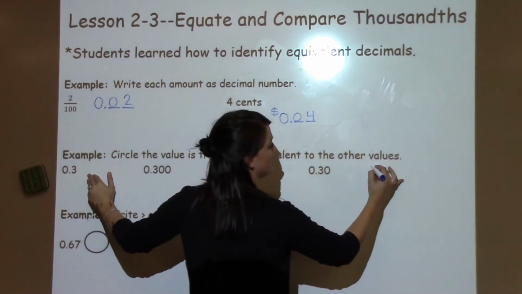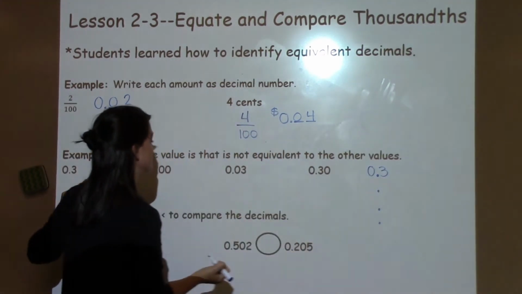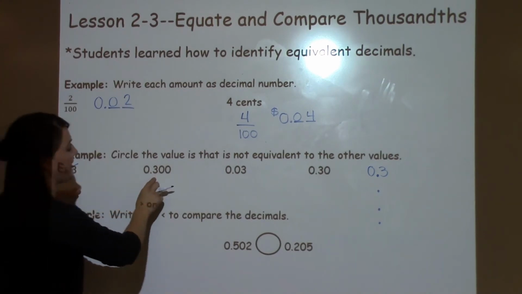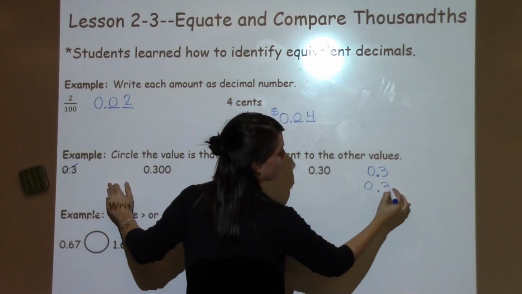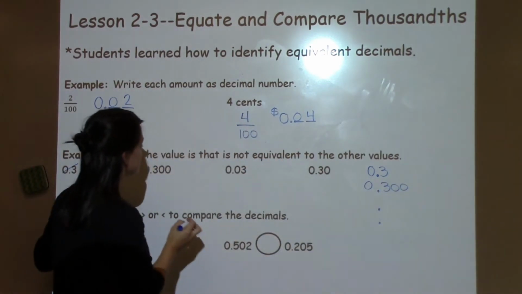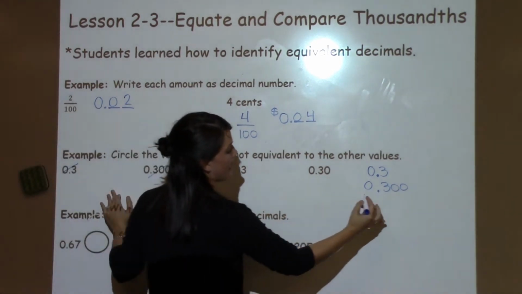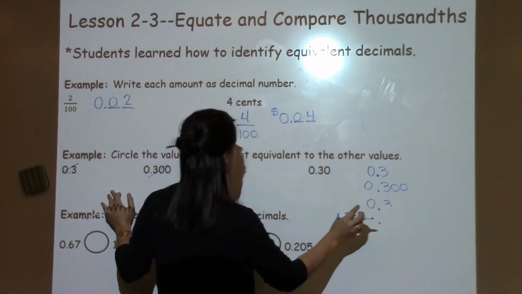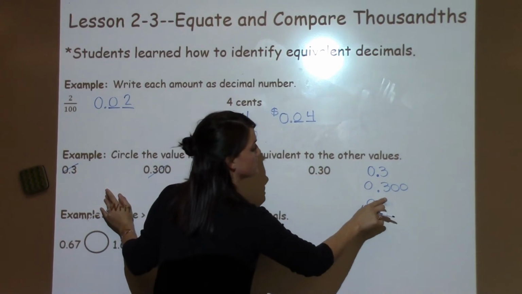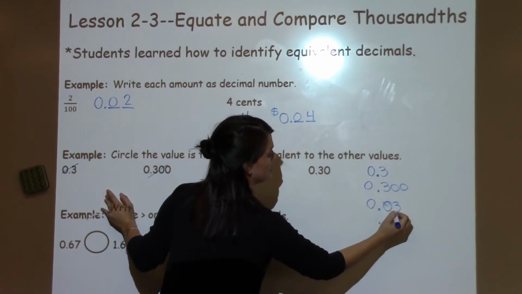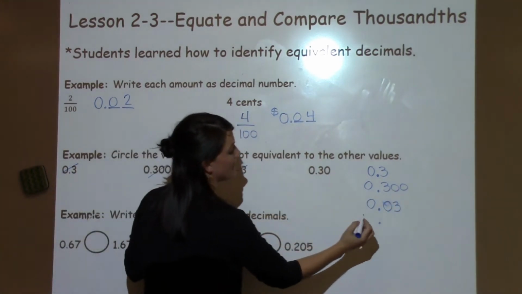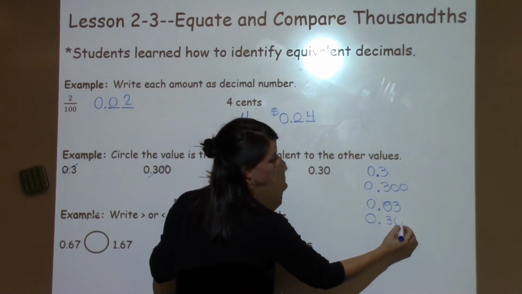So I have 0 and 3/10. I have 0 and 300 thousandths. I have 0 and 3 hundredths. And I have 0 and 30 hundredths.